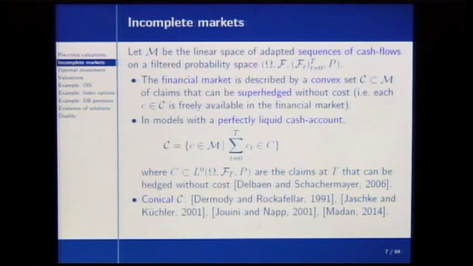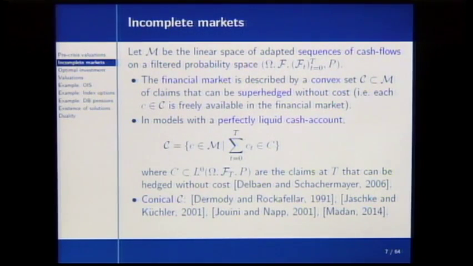So instead of trying to correct the incorrect valuations, we start from scratch and try to change the model so that it accounts for something like credit risk and risks that you cannot hedge in general.